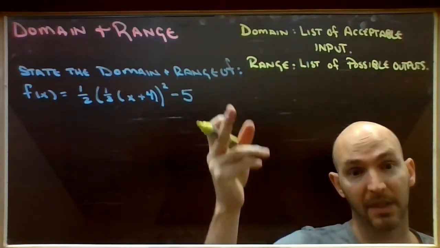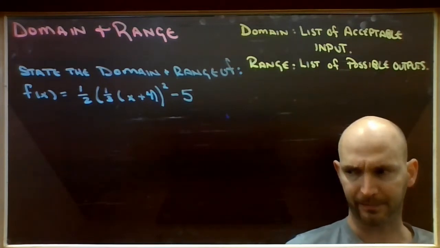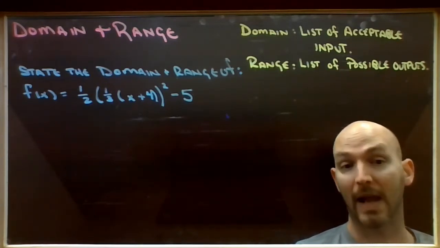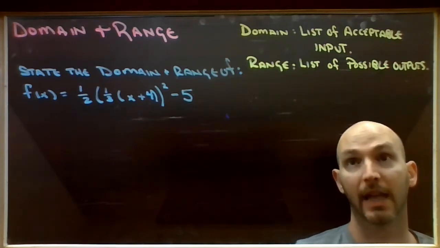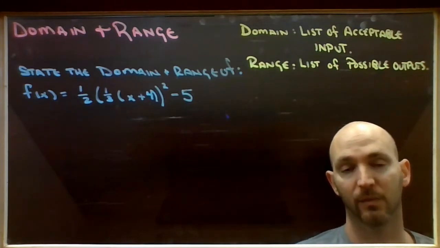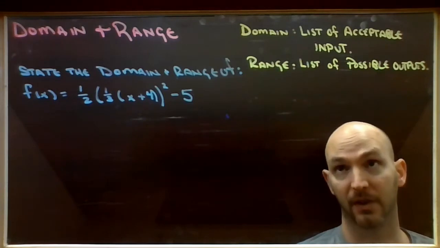So there'll be a limit on the range of a parabola. A radical, the square root, never returns a negative number. So again, there'll be a restriction on what types of answers you can get out of that type of function.